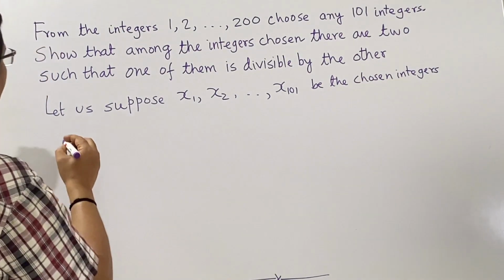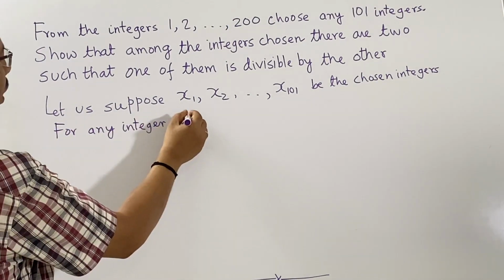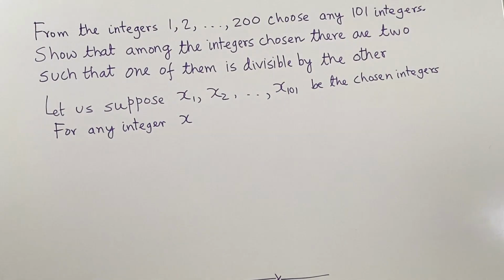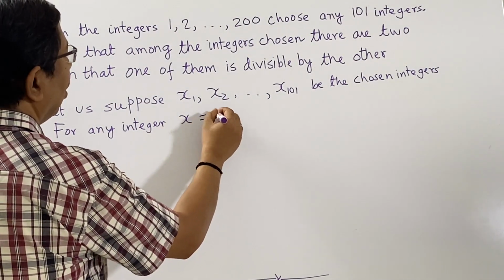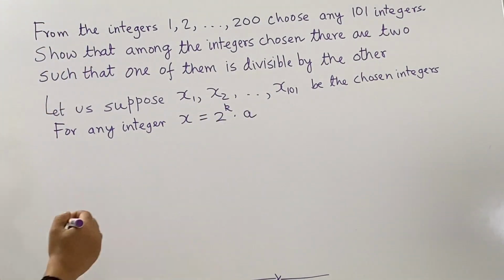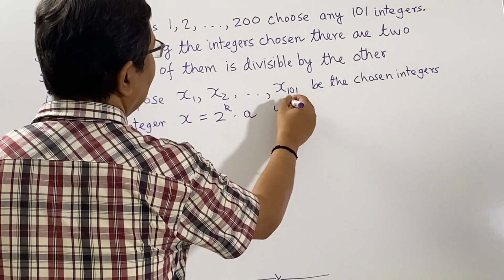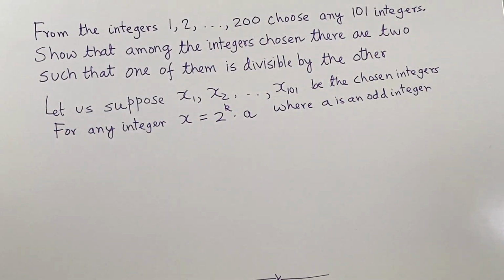Now we observe the following. For any positive integer x, we can write x as 2 to the power k times a, where a is an odd integer. Let's see if we can quickly see this.